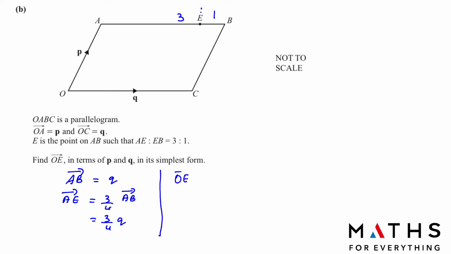Vector OE is, always write down how you reach from one point to another. You start with O. So OA plus AE. OA is already given to us, P. AE we found, which is 3/4 Q. That's the answer.